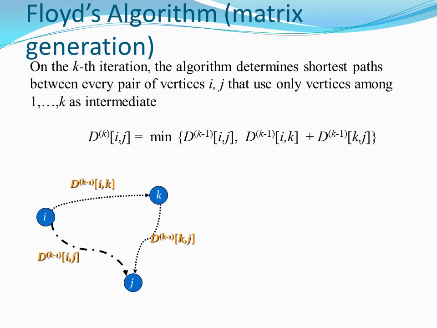Here this is a weighted graph, so we are choosing the minimum of the current value and the previous step's row value and column value added together and compared with the current value. The minimum of that is taken as the cost of the current matrix.